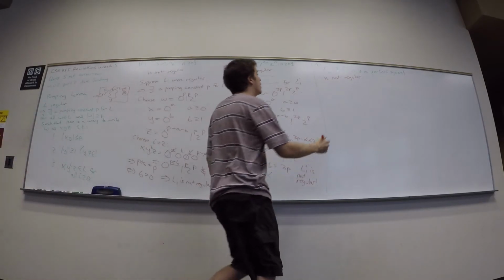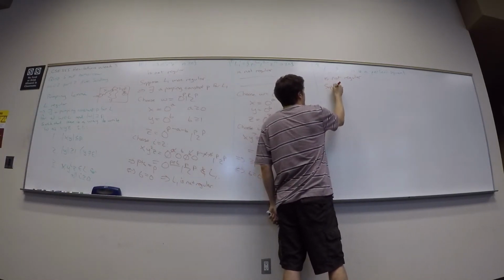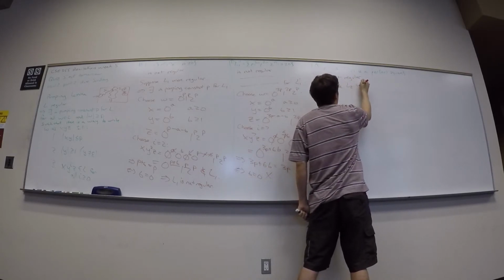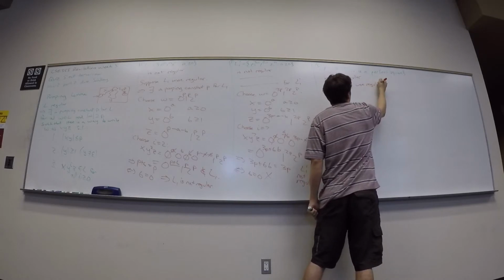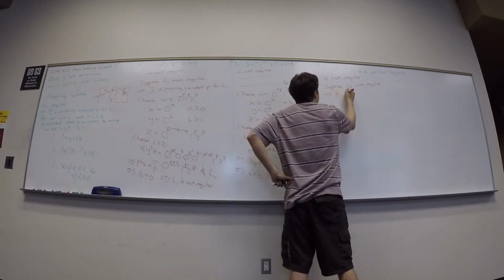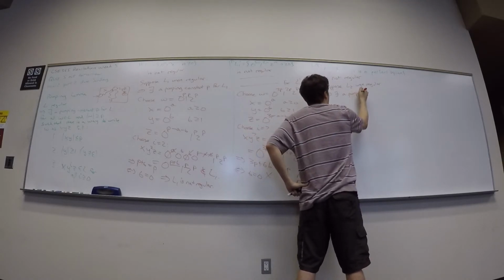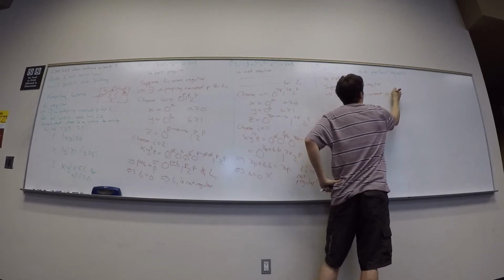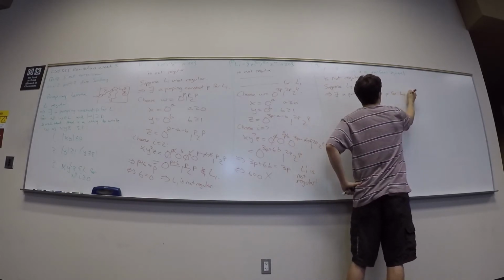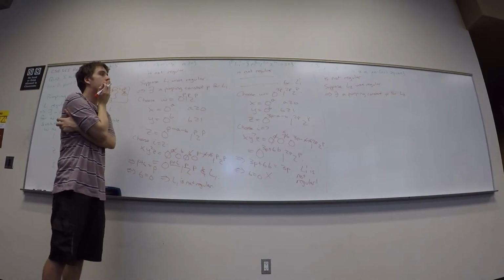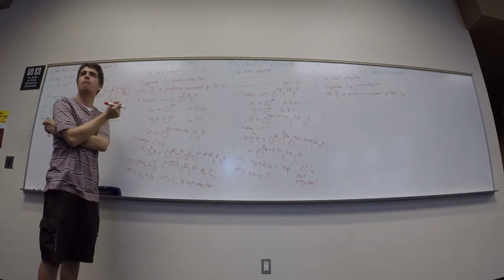Suppose it were. So I'm going to actually write it out this time because it bears seeing. So suppose L2 were regular, and then same thing as before, there exists a pumping constant p for L2. What's my next step?